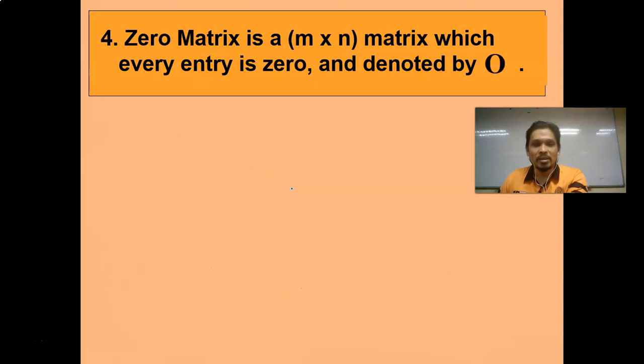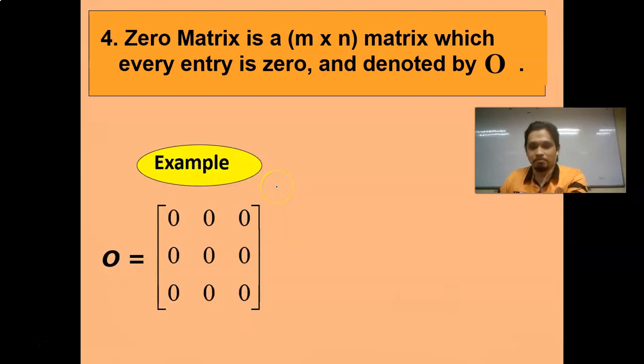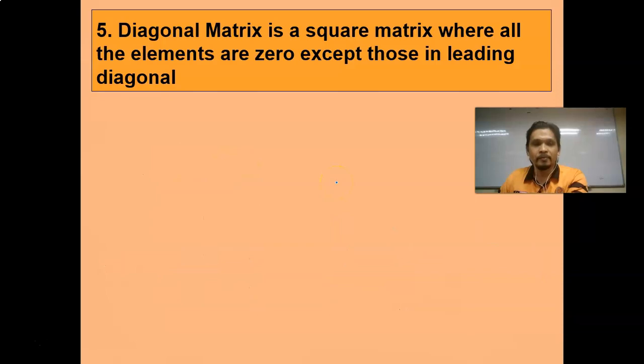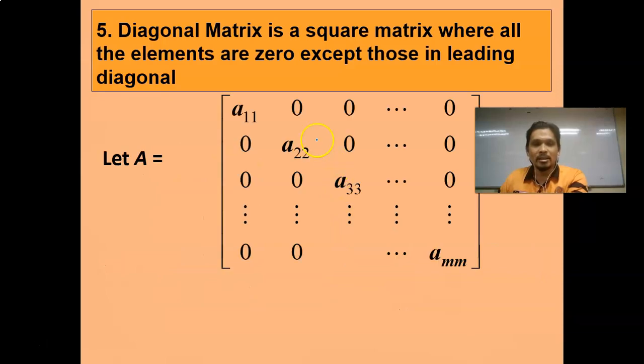A zero matrix is one in which every entry is 0, denoted by the zero matrix. Simple, that's what we call a zero matrix. A diagonal matrix is a square matrix where all the elements are 0 except those on the leading diagonal.